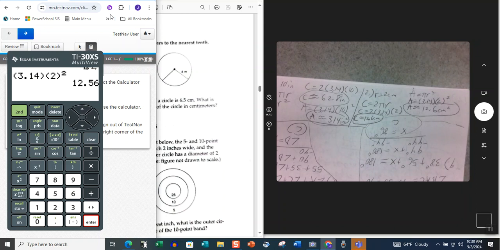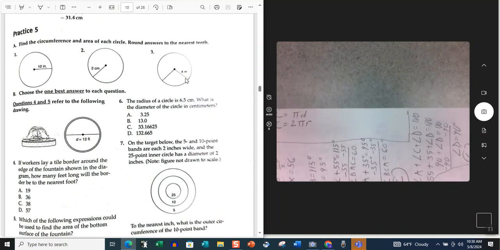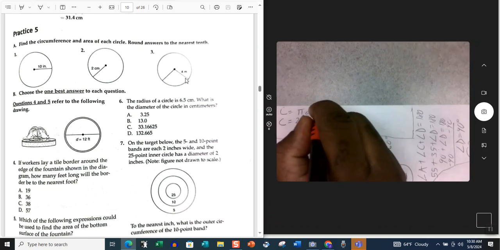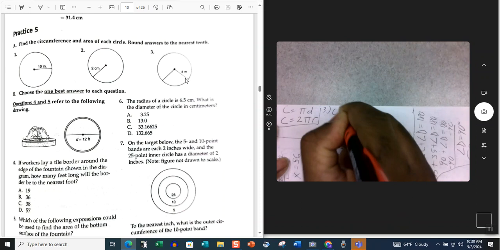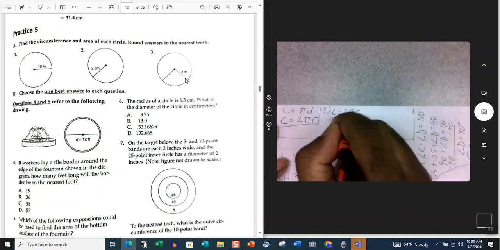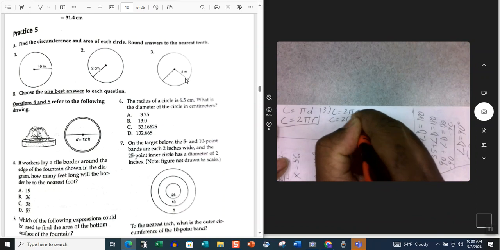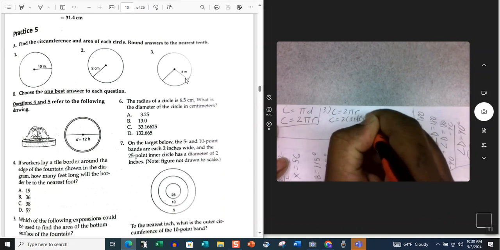Now we move on. Number 3, it's just 4 meters, but we can do that. So for number 3, our circumference is 2 pi r. We know our radius is 4. So our circumference is 2 times 3.14 times 4.